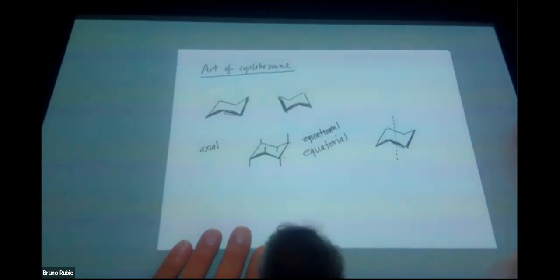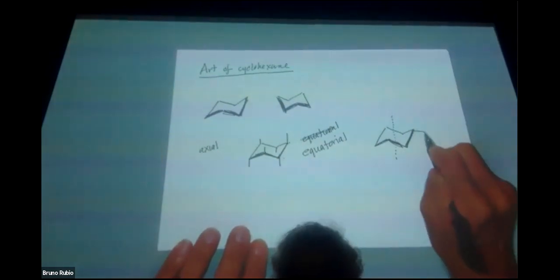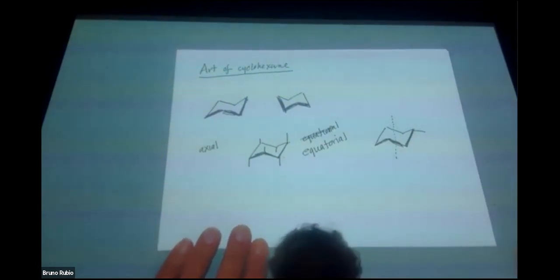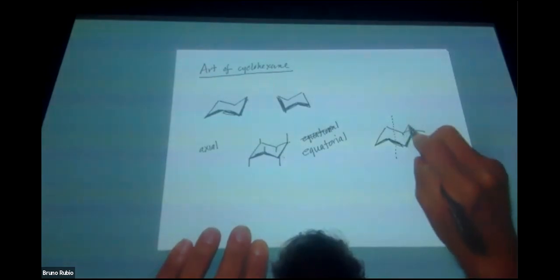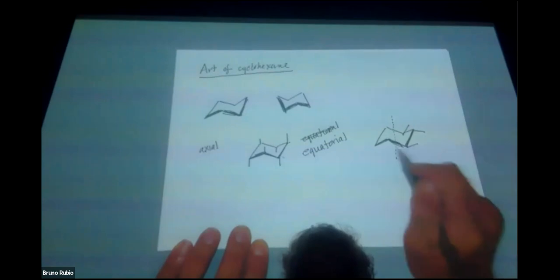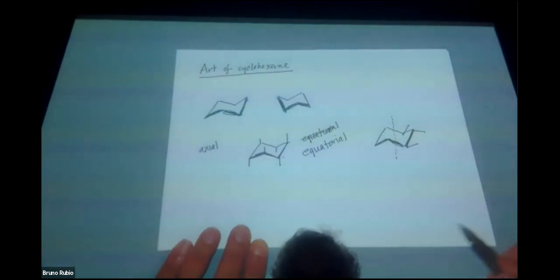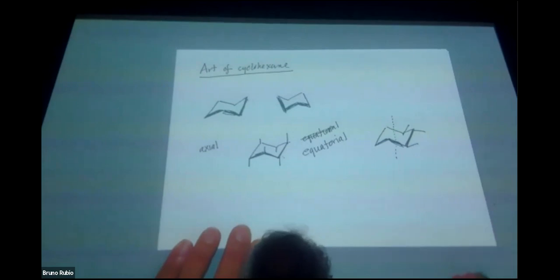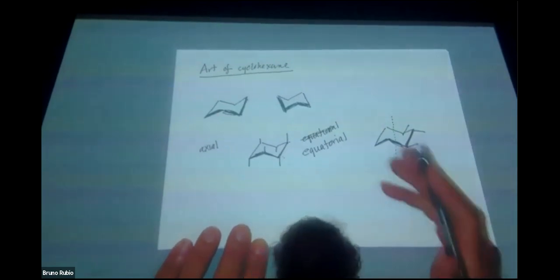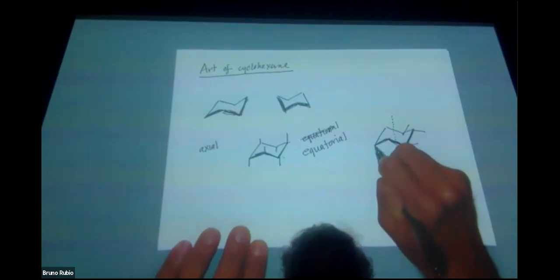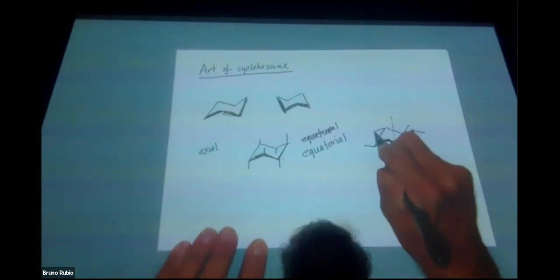The equatorial bond on a carbon on the right of this imaginary line points to the right. The equatorial positions on the carbons at the left of this imaginary line point to the left. So that's what the equatorial bonds look like.